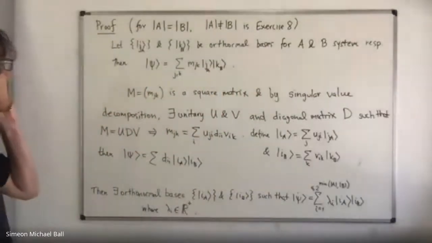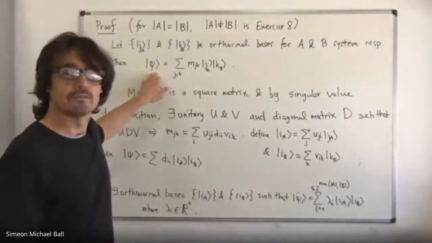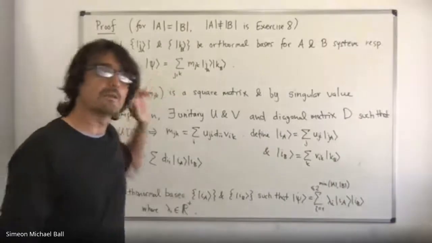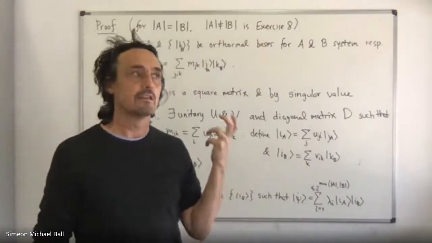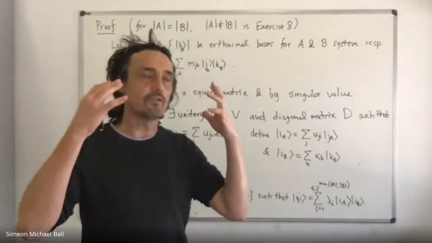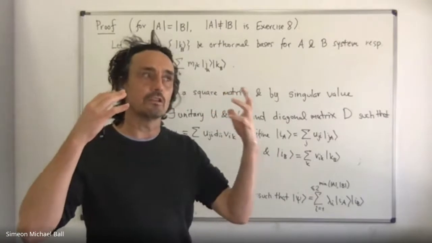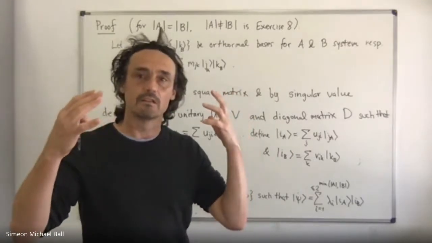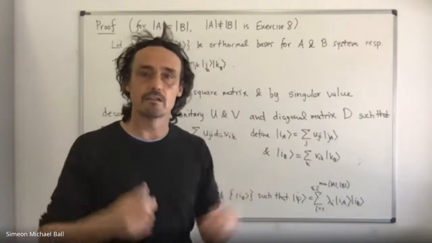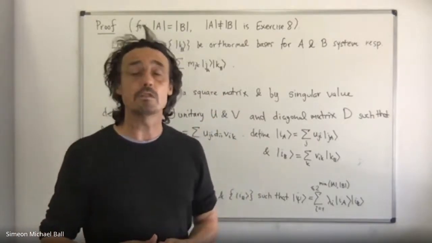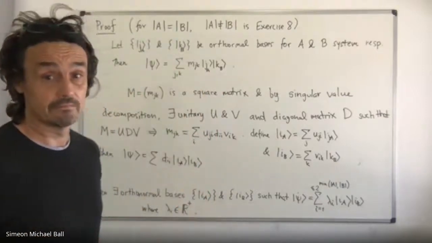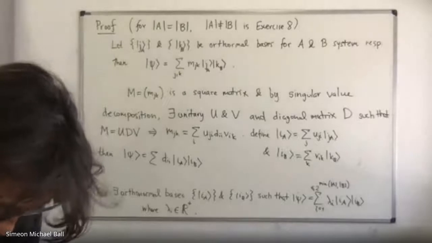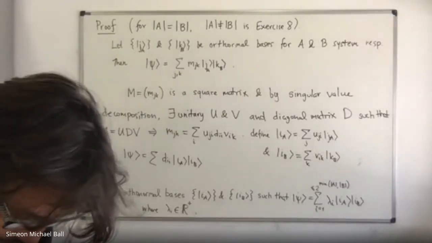What we're trying to use here is the fact that a vector in a tensor product space, in your innocent view of a tensor product space, was the space of matrices. So we've gone back to that view. It's a vector in a tensor product space, but really that's a matrix. And then we apply a singular value decomposition to that matrix.